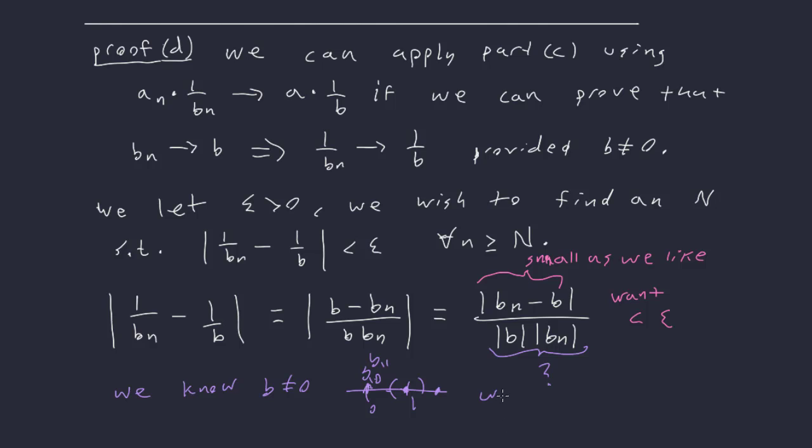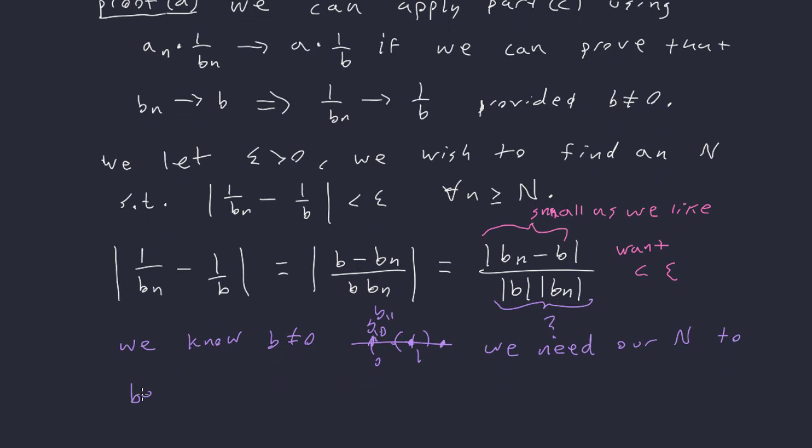So we need our N to be such that Bn never equals 0, which shouldn't be too difficult because we know that it's not converging to 0, so at some point it has to be further away.